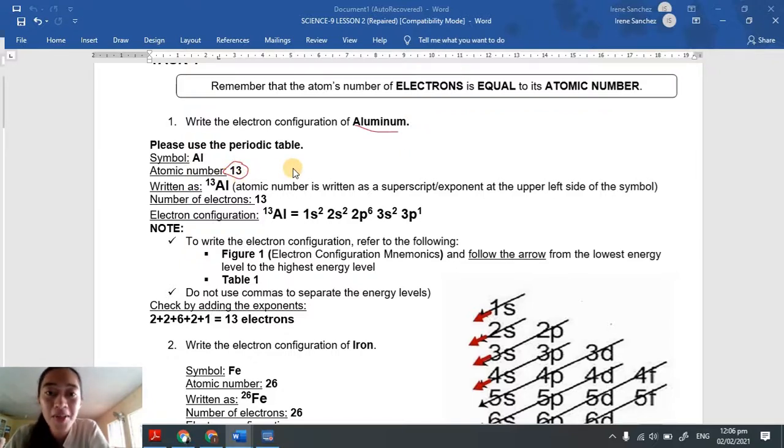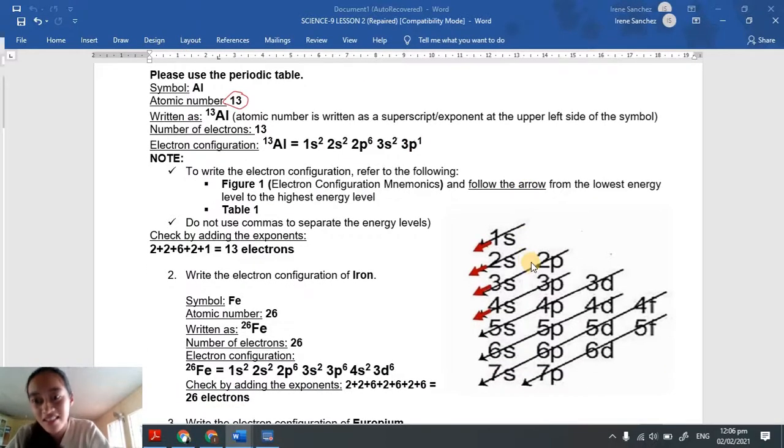The 13 nga number tells you the number of electrons that are in a stable atom of aluminum. So 13, meaning dapat ka mag-distribute og 13 ka electrons. So dapat ang kaning mga exponent ma-total ni siya og 13. Sige, magsige lang kag lista hantod ma-total ni tanan ang exponent og 13.